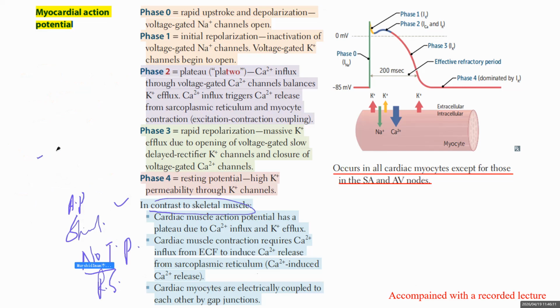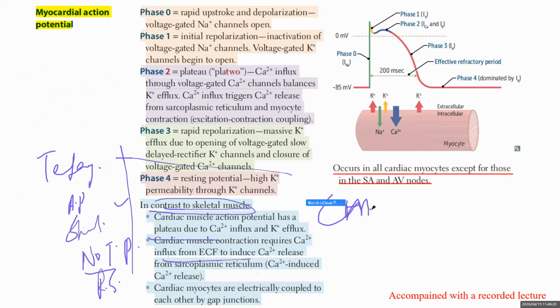In skeletal muscle, tetany can occur, and the opposite happens in the cardiac myocytes, or the cardiac muscle cells. For example, the action potential is longer, the refractory period is long, the plateau is present, and tetany does not occur. This is one of the key points.